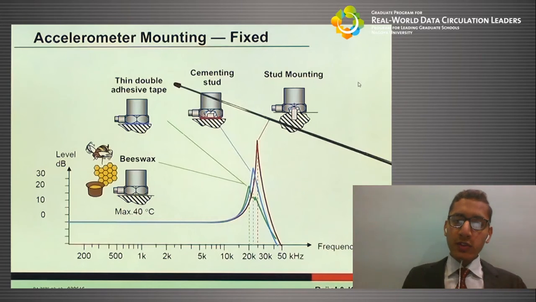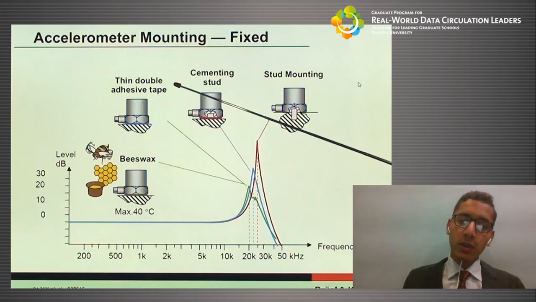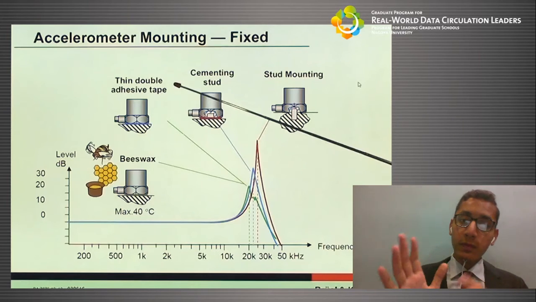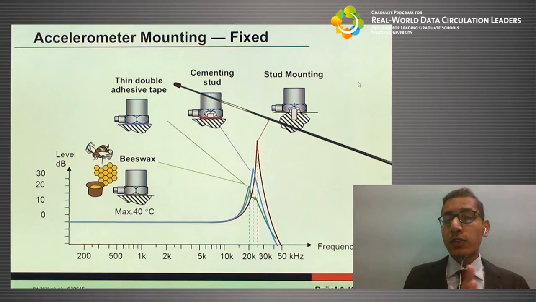Beeswax or the thin double adhesive tape gives us a smaller peak and then it goes down, while the cemented stud gives us a bigger peak, and the stud mounting gives us the highest peak on the decibel level. So this shows that the stud mounting would be the most applicable one, the most usable for our requirements.